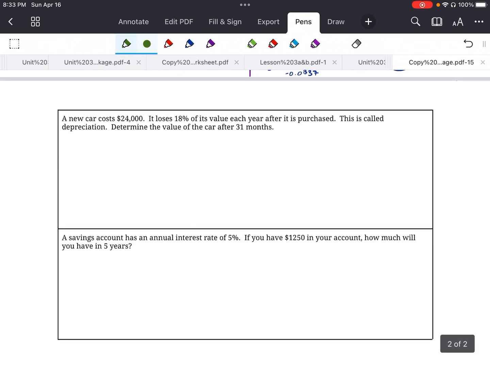Okay, moving on. A new car costs $24,000. It loses 18% of its value each year after it's purchased. This is called depreciation. Determine the value of the car after 31 months. Okay, first thing we need to do here, so it depreciates every year, but this is giving us months.